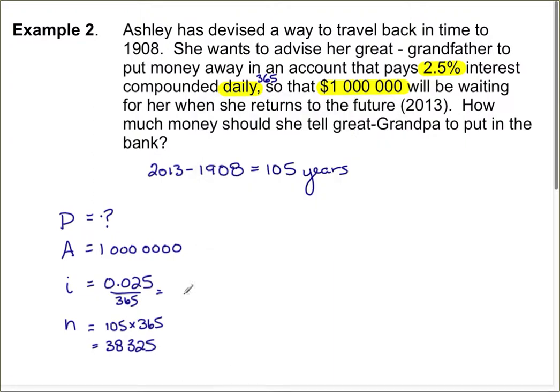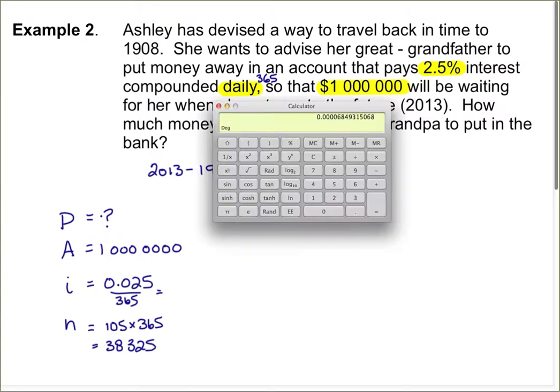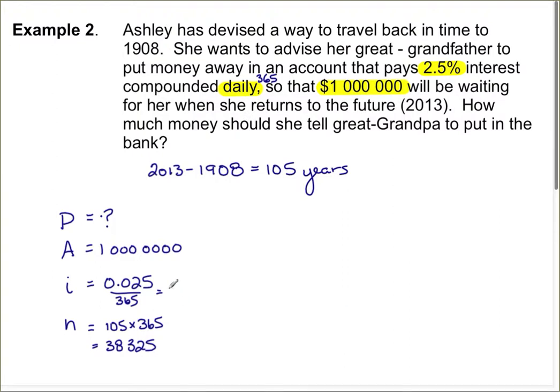Usually I write down 3 decimal places that aren't a 0. So we've got 4 zeros, and then 685: 0.0000685. Now when I say I write that down, that's all I'm doing. I'm going to use the rest of them.